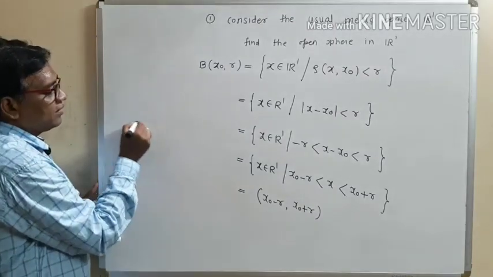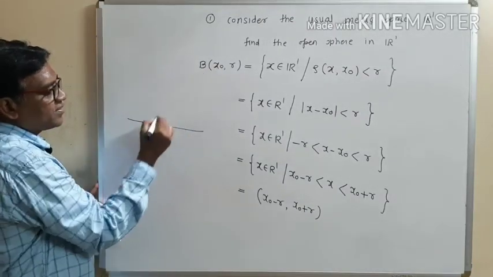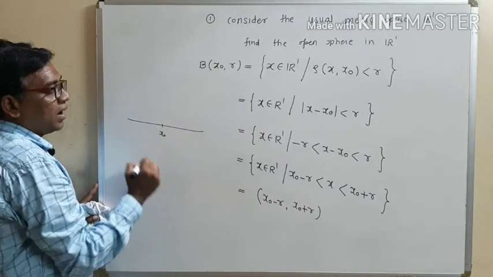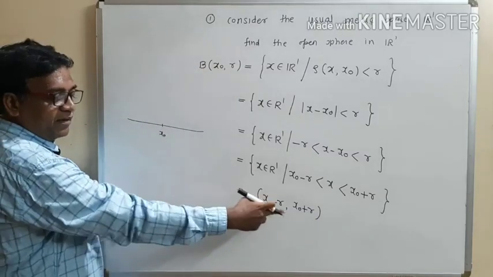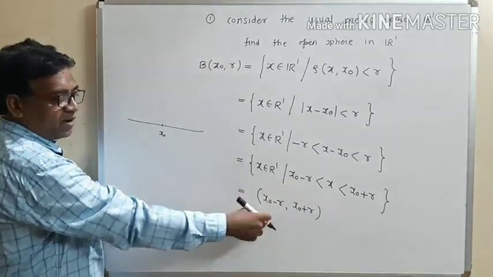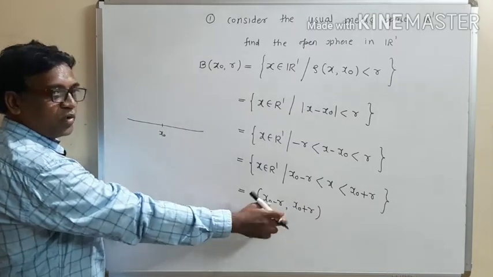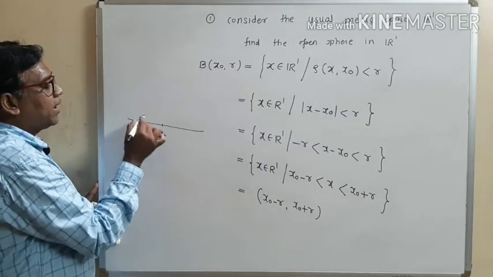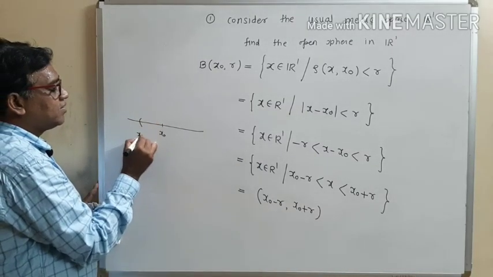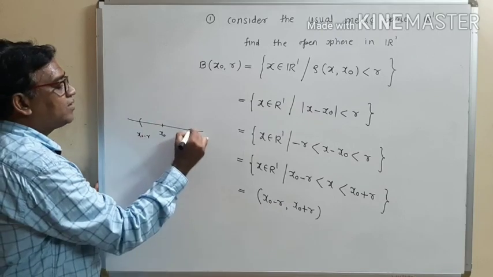Suppose this is our real line and this is our center x0. And what is the open sphere in the real line? It is just the open interval x0 minus r to x0 plus r. So this is the point x0 minus r, and this is the point x0 plus r.